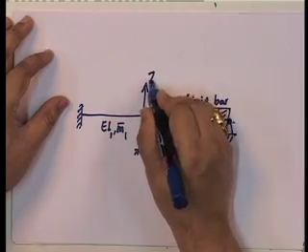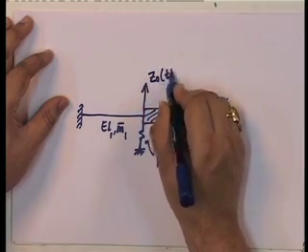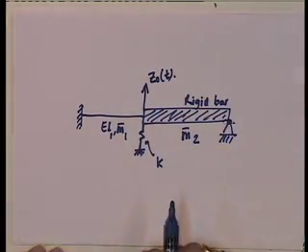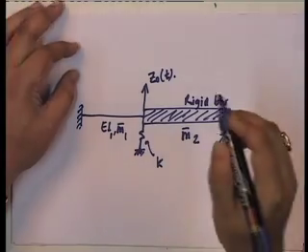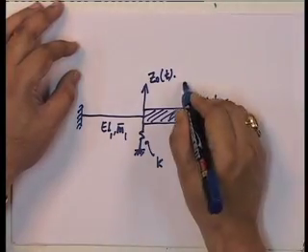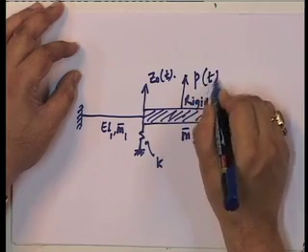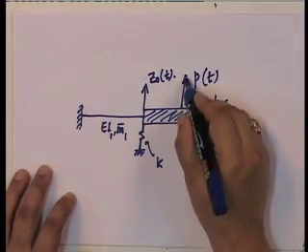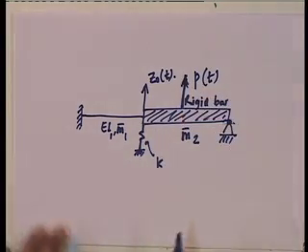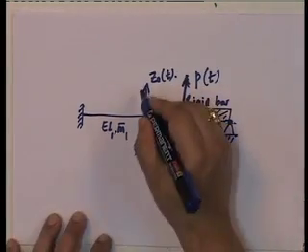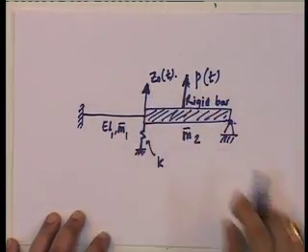I will consider Z naught of t. Okay, and let me put some load on it. Let me put P of t, a concentrated load acting at this point. I will consider this as my generalized coordinate.